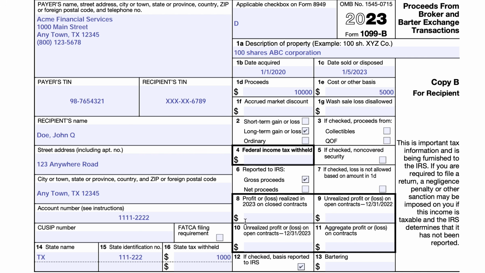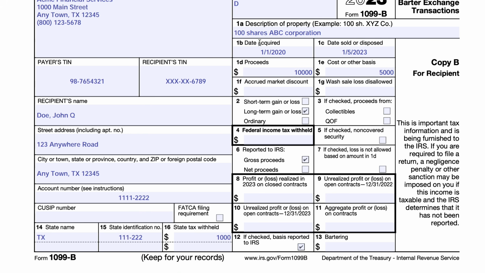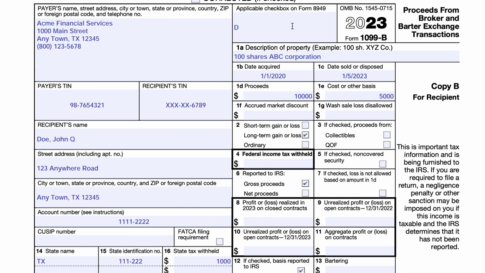We'll shift over to the right-hand side of this form, and we'll come back down to boxes 14 through 16 towards the end. Before we start with box 1A, we're going to take a look at the applicable checkbox up here on Form 8949. Form 8949 is the tax form used to report sales and other dispositions of capital assets.